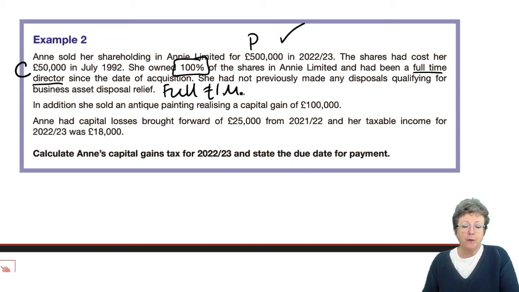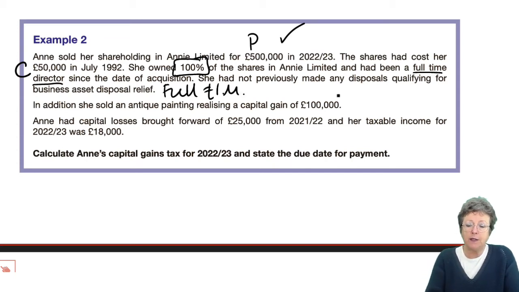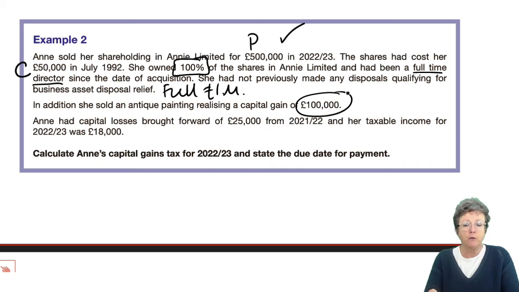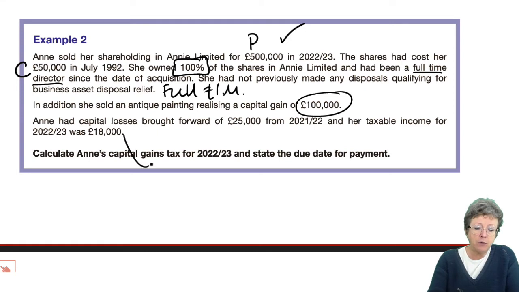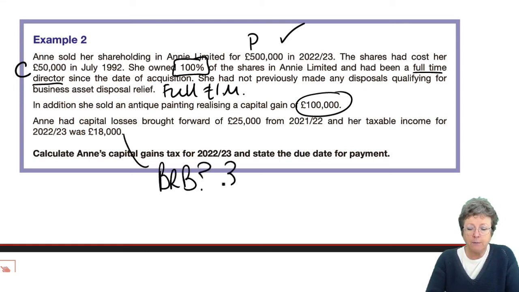Now, she also had an antique painting with a gain of 100,000, so that's an ordinary one. Needs to go in a separate column. Losses brought forward of 25,000, taxable income of 18,000. So how much basic rate band has she got left? Okay, basic rate band is 37,700.